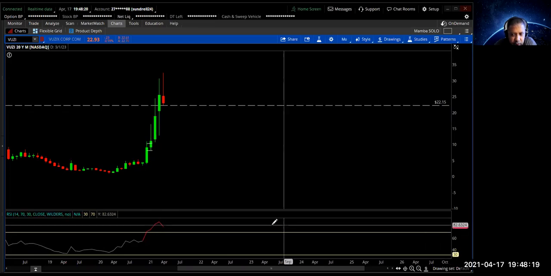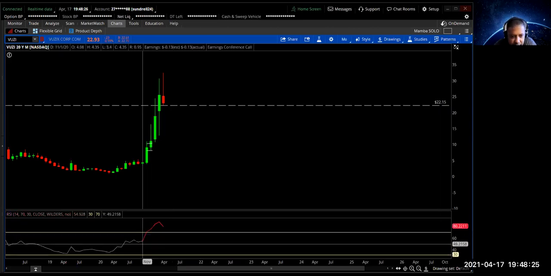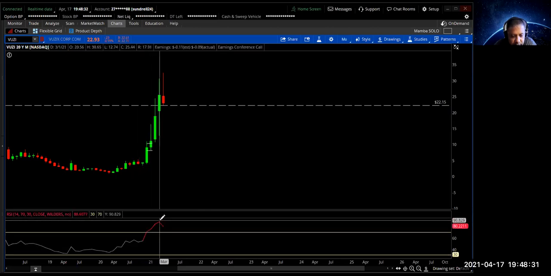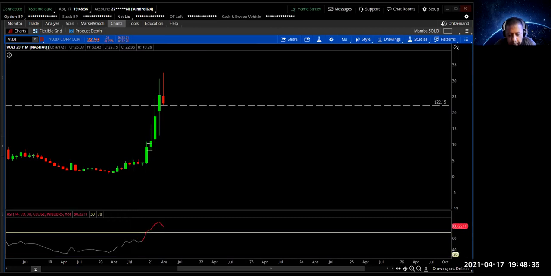So there are two levels that I look for. If the RSI indicator breaks above 70, that means we're in overbought status. If it breaks below 30, we're in oversold.